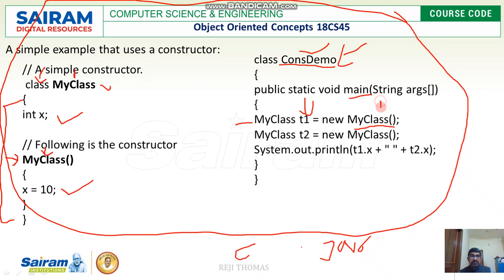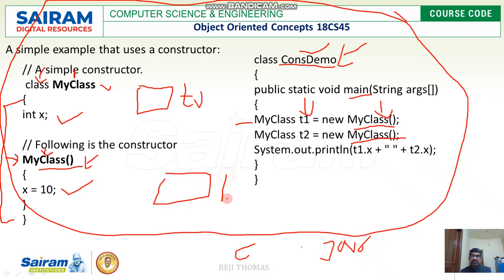But now we have a constructor called MyClass, so it will come to this. I'm creating one more object, t2, again with the same constructor, so again it will come to this. Now I've created two objects: my first object is t1, and I'm creating another object which is t2.